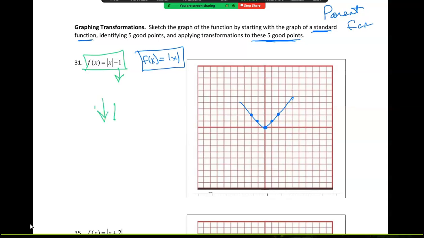Okay, so if I go down 1, what does that mean? That means that everything is going to go down 1. Down 1, down 1, down 1, down 1, boom. There you have it. Okay, those are all the down ones.